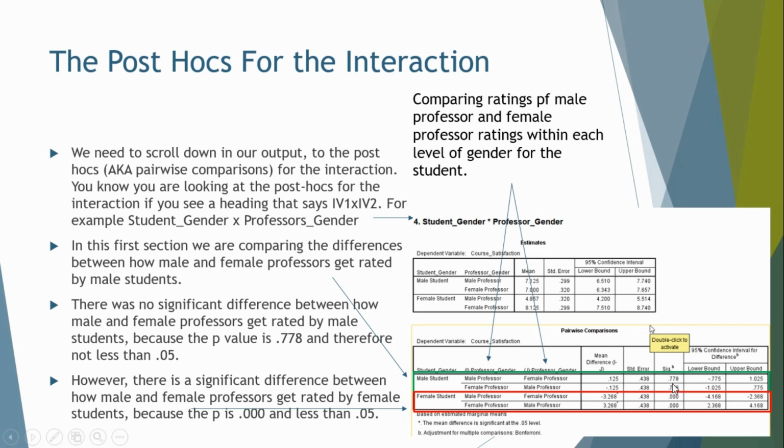If we were to say this is a real effect, we would probably be wrong. There's a 77.8% chance that this difference in these means is due to chance. So there is no difference in how male students are rating male professors versus female professors.